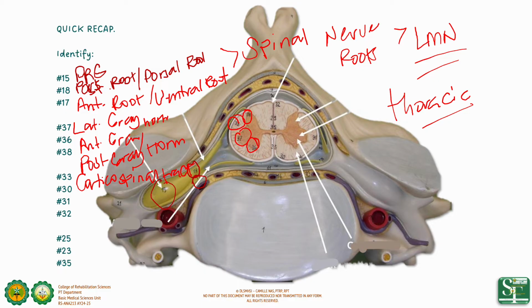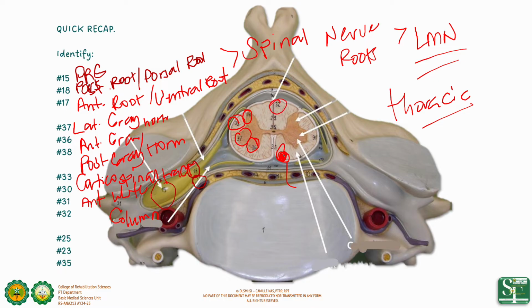Number 30. 30 is this one. This is the anterior white column. Or what if the question asks about tracts? This anterior one could be the anterior spinothalamic tract. Okay, and then 32. Where is 32?